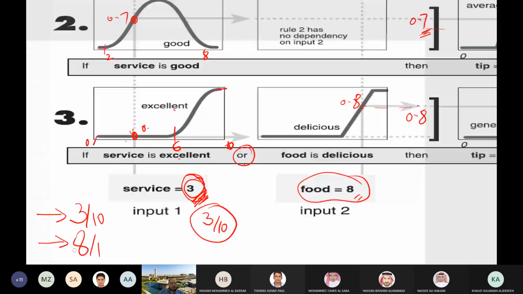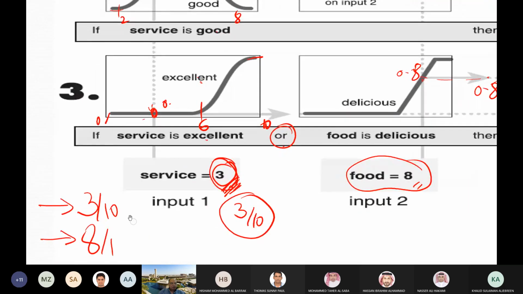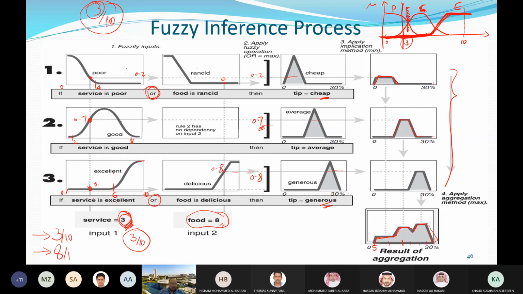If you give it 3 out of 10, that means the surface was not excellent. Is it clear? Yeah, now it's clear. Thank you. The surface is poor, actually, or somehow good. It's between. So this is 0.2, and this is 0.7 here, and 0 here.